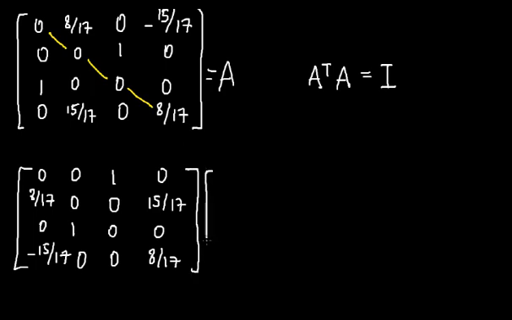And now what we want to do is to multiply the transpose of A with A. Maybe I'll just copy paste the A instead of writing it out again.